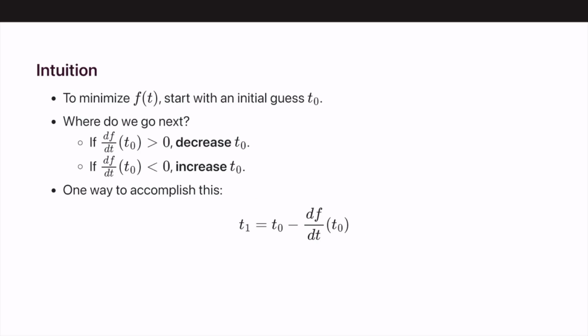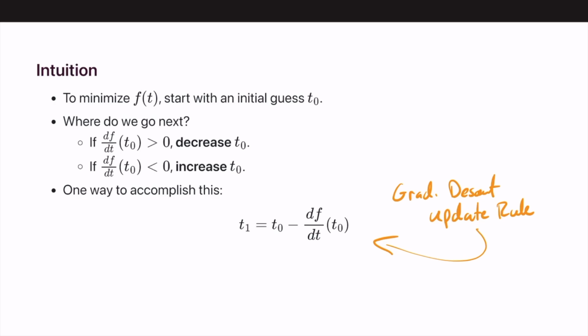So this is the gradient descent update rule.